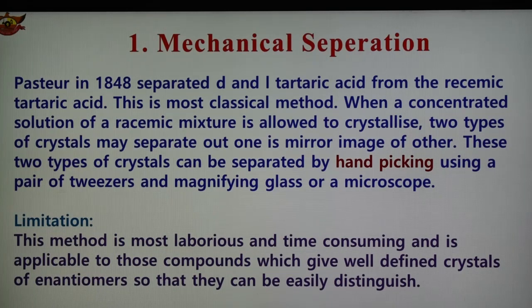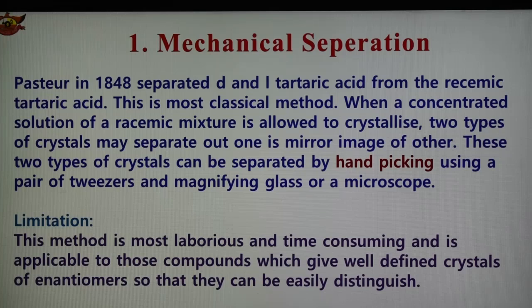First is the mechanical separation, and Louis Pasteur was the first who used this method. This is the most classical method, and it was used by Pasteur to separate the enantiomers of sodium ammonium tartrate.